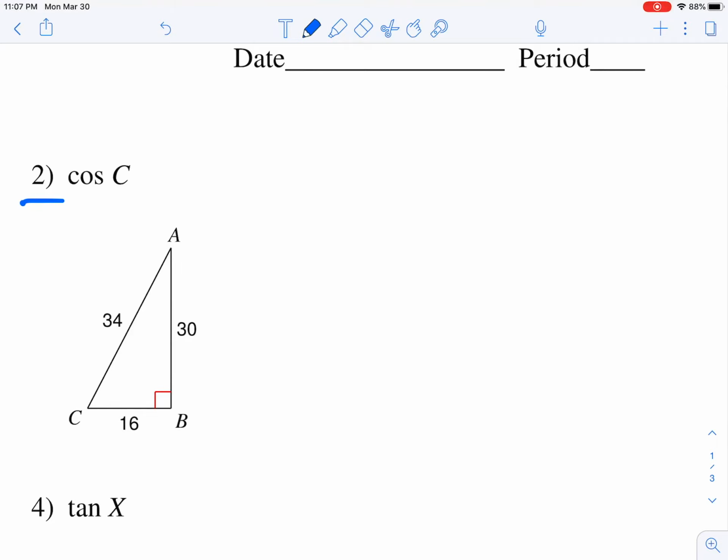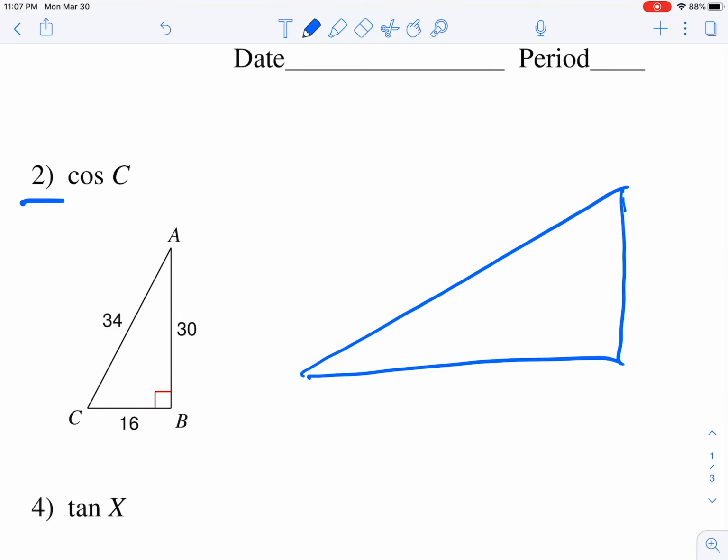We're going to draw ourselves a triangle. And we'll call this angle A. Now, relative to angle A, we say that this right triangle has one side that is opposite A, another side that is adjacent to A, and a hypotenuse.